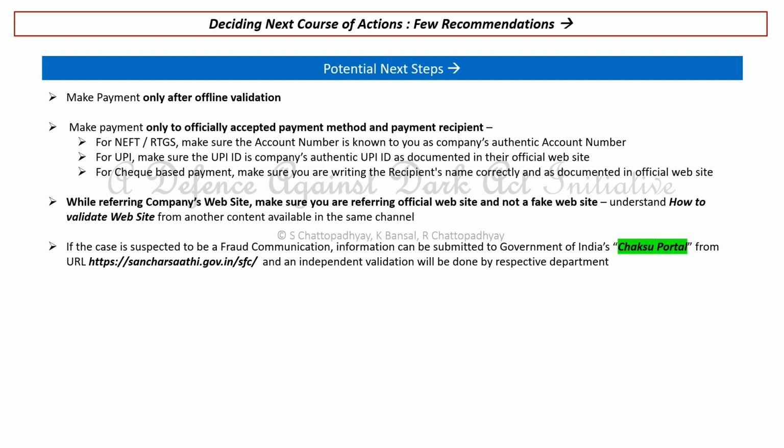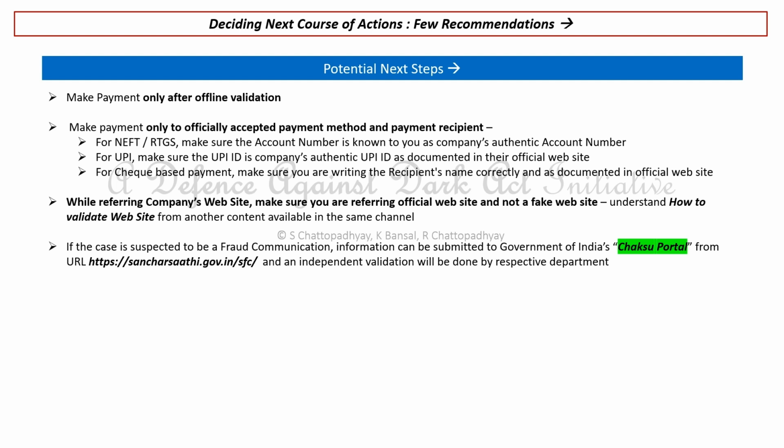With that knowledge, you should be able to ensure whether the company's website you are looking up details from is real or fake. These are essentially pointers that should help you decide the next course of action.